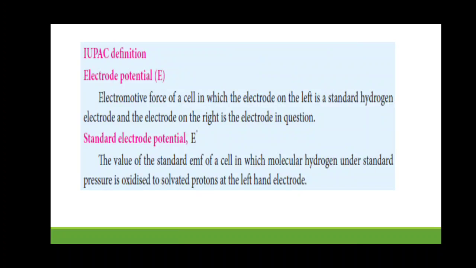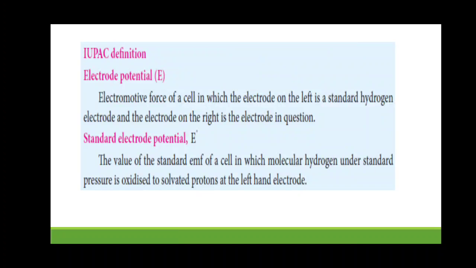So the IUPAC definition of electrode potential: the electromotive force of a cell in which the electrode on the left is a standard electrode and the electrode on the right is the electrode in question.